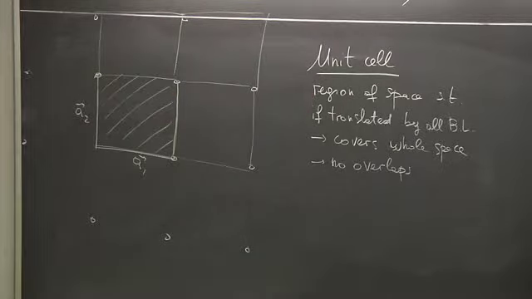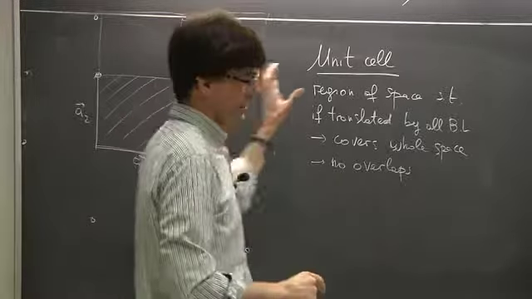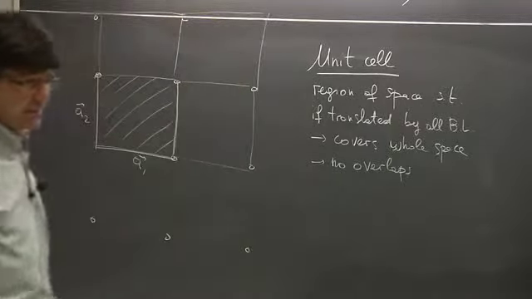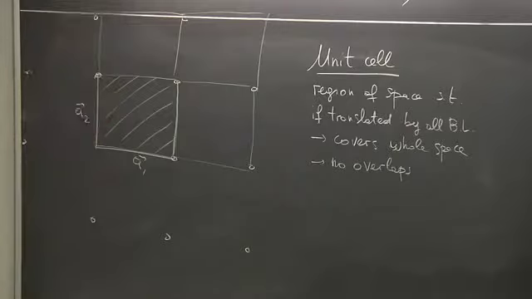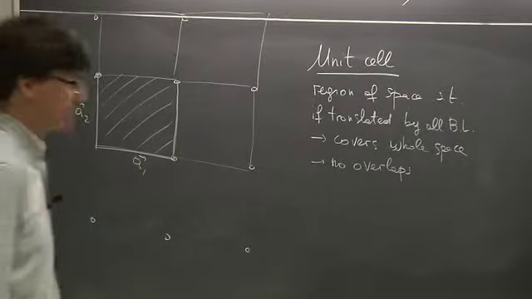Okay? Think of it as a way of placing tiles on your Bravais lattice. You want to choose a tile that, if repeated with the Bravais lattice vectors, covers the whole space and doesn't leave any empty space.